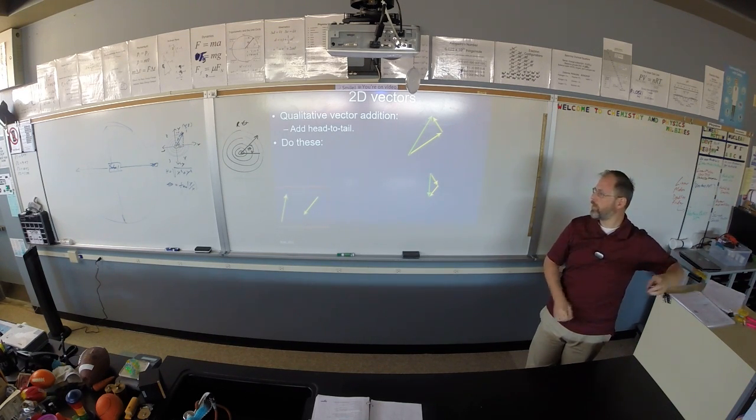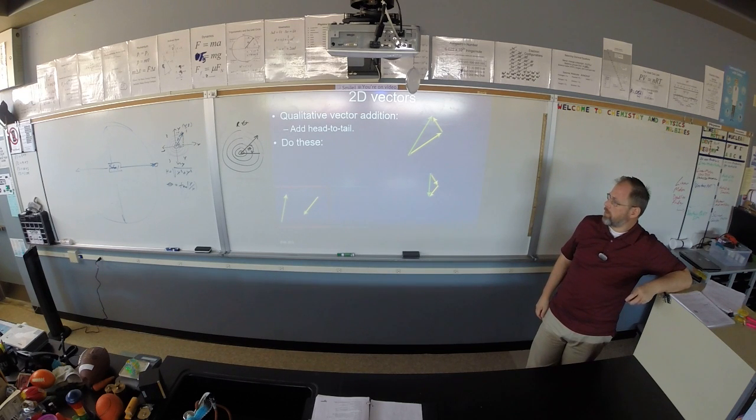Okay, so this is what mine was. I took that vector, and I added it to the tail of that vector, and I got a vector that looked kind of like that. Oh. You get something like that?